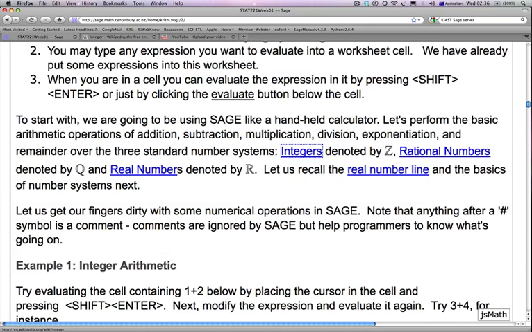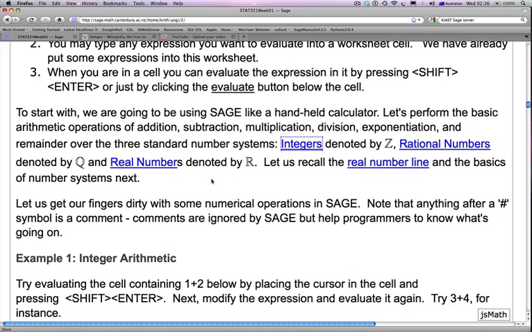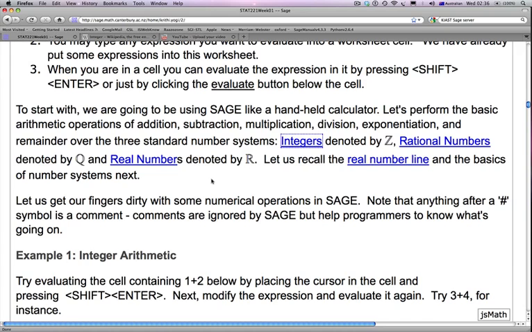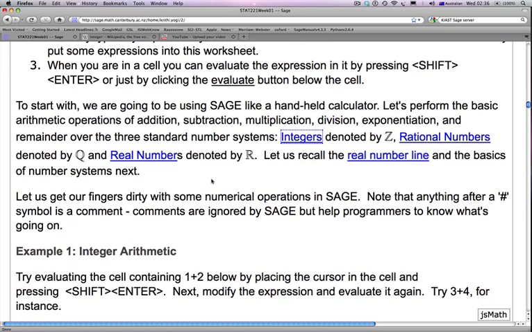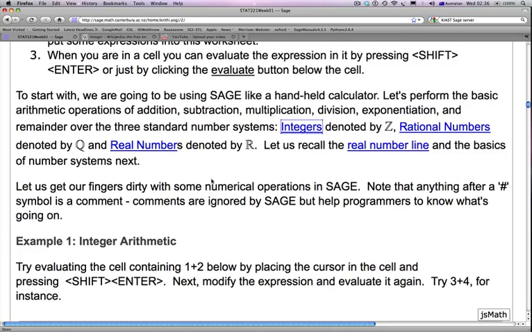The second set of standard numbers is the rational numbers, denoted by Q, and the third one is the real numbers, denoted by R. The real number line is going to form the basic number systems for us.